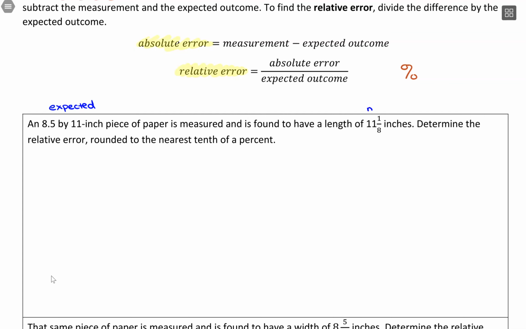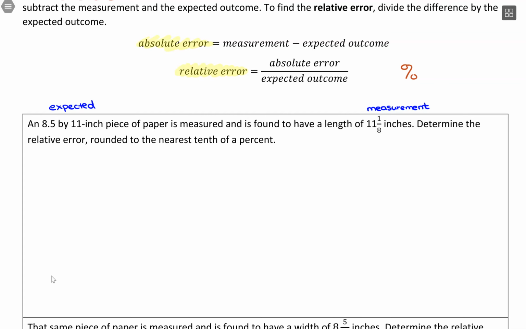So this is our measurement, which has a little bit of error to it. But we want to know how big a scale that error is compared to expecting an 11-inch measurement. So, determining the relative error.